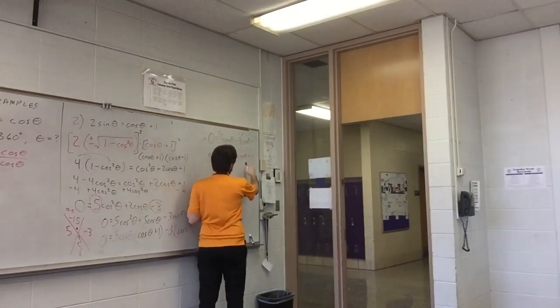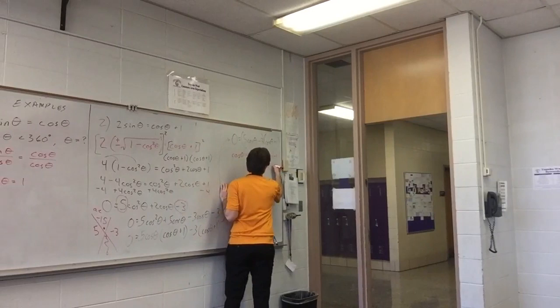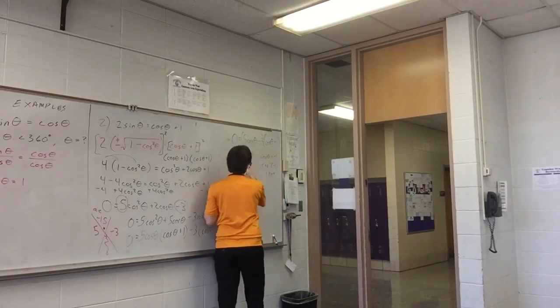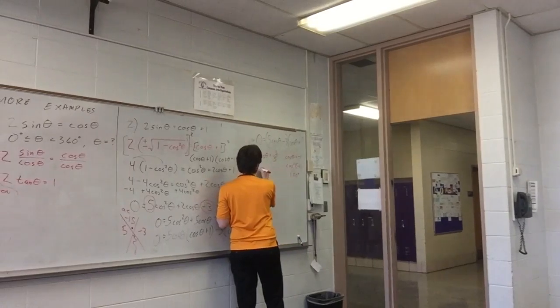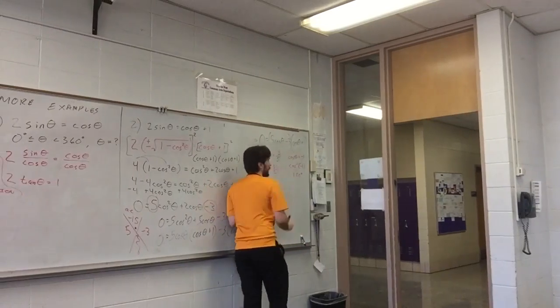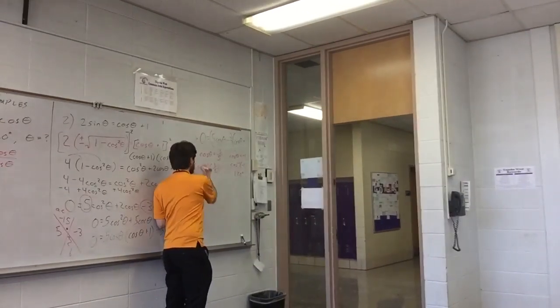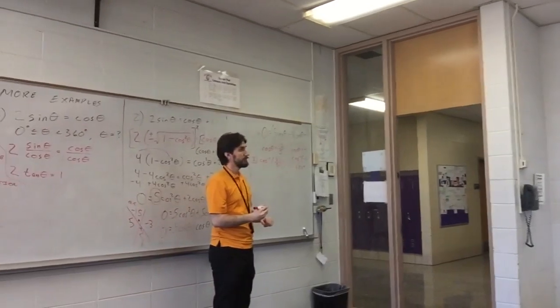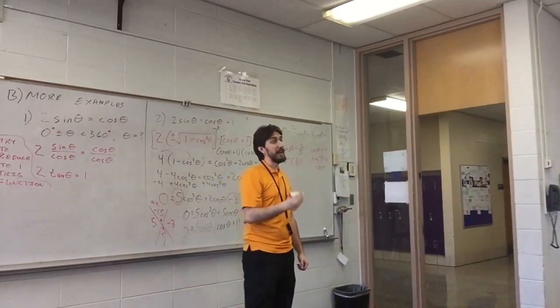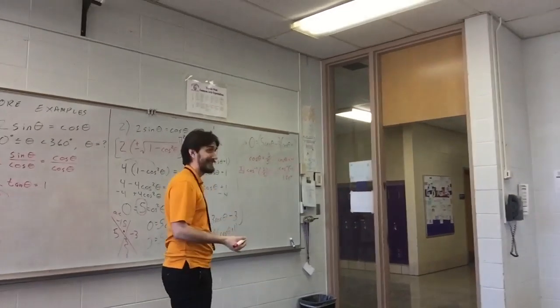This will happen at 180 degrees. This will happen at whatever the inverse cosine of 3/5 is. That's going to give you the answer in quadrant 1. Then you're going to have to ask yourself, in what other quadrant is cosine positive?